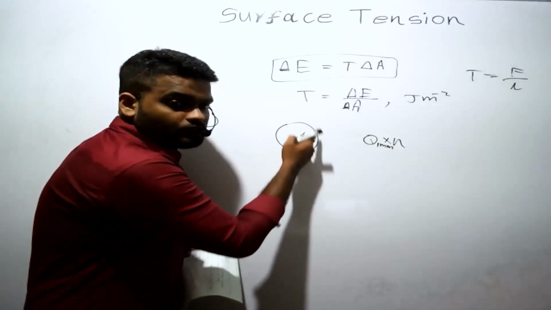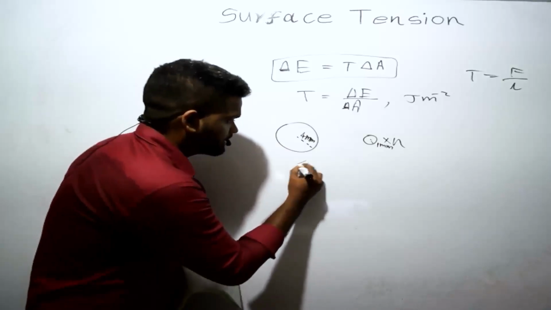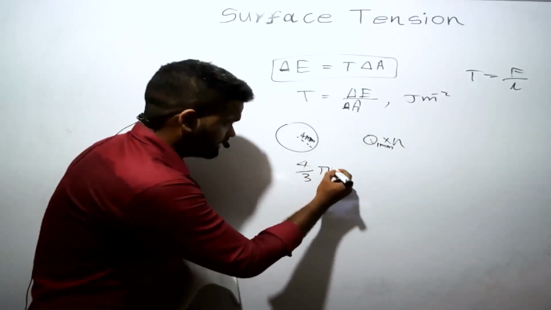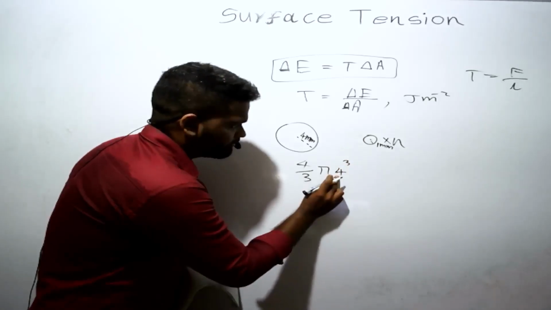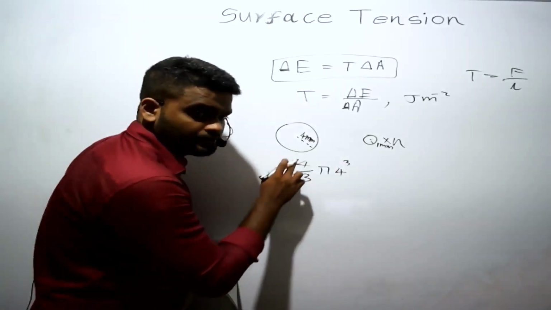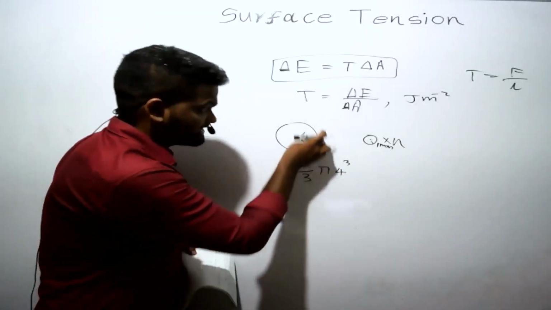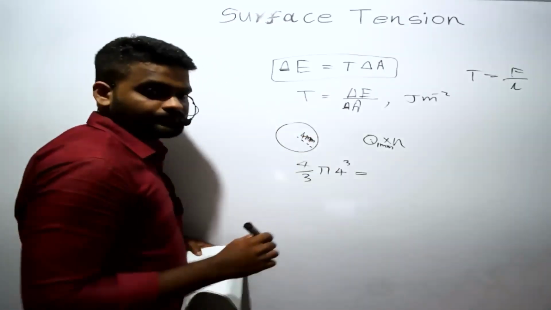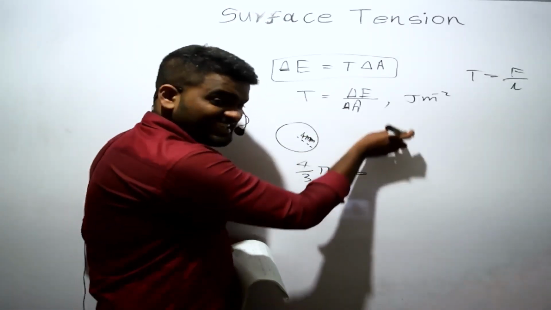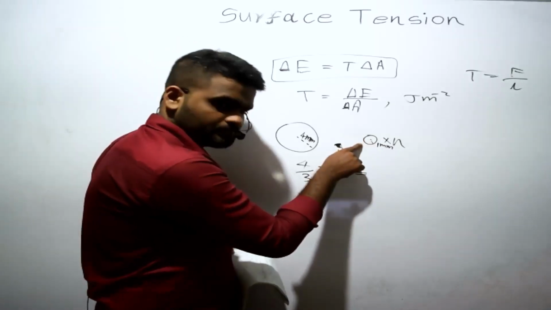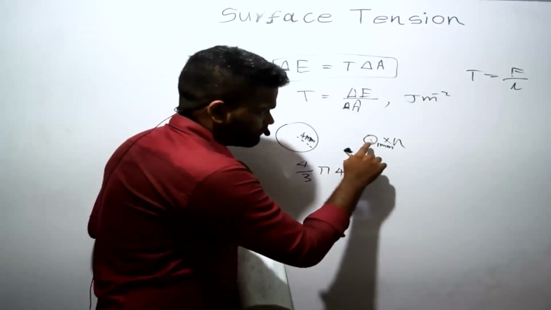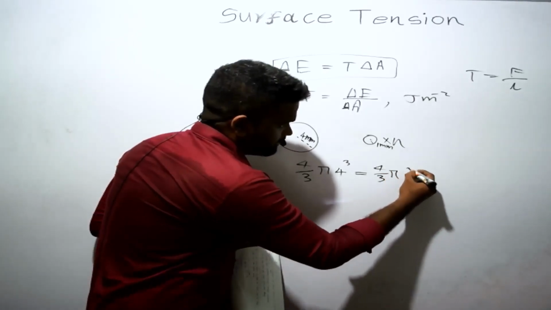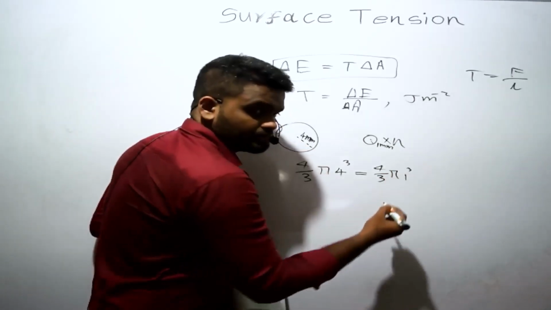So how do you find the volume of this? 4 over 3 pi r cubed. You don't have to convert. 4 over 3 pi times 4 cubed. That's the volume of this large one, equal to the volume of each drop times n. For one drop, the volume is 4 over 3 pi times 1 cubed.